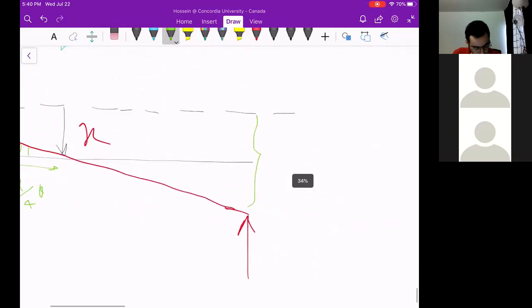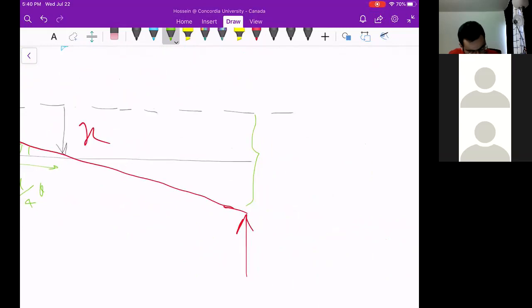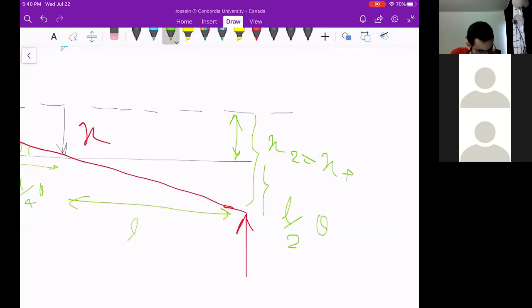And the deflection at the right spring is x plus this deflection, which is half L multiplied by theta, because this is half L and this is theta. So the total deflection for the right spring is x plus L over 2 theta.